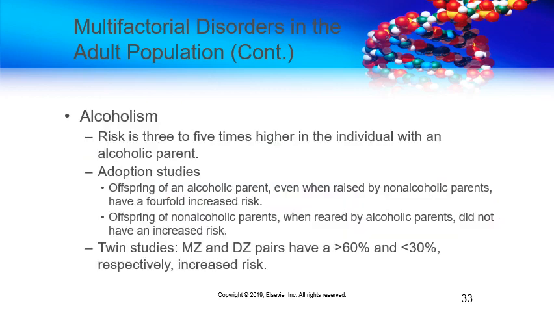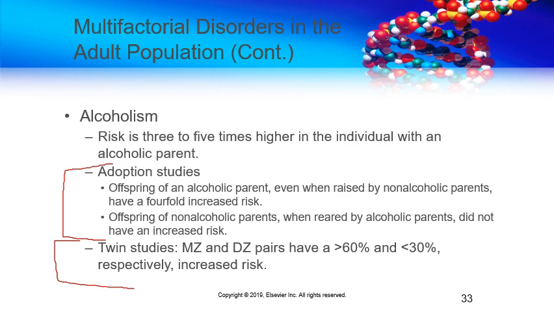Alcoholism, 3 to 5 times higher if the individual has an alcoholic parent. Something that's interesting are these twin studies. The offspring of an alcoholic parent, even when raised by non-alcoholic parents, have a 4-fold increase of being alcoholic.